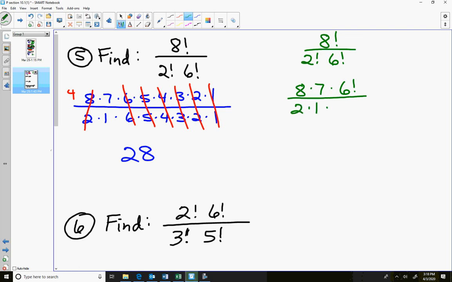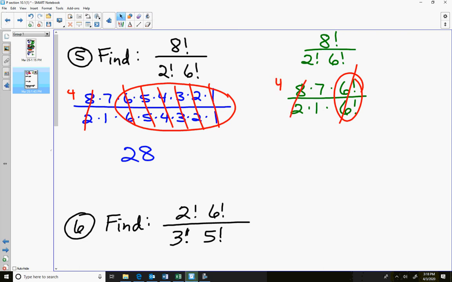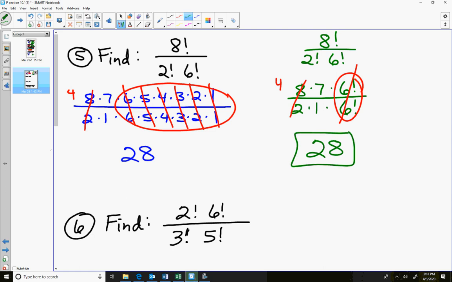Over 2 times 1 times 6 factorial. Now, just as all of those canceled, they cancel right there just as easy with a whole lot less writing. Still end up at the same place, so I still get my answer of 28. But I can get there a lot faster.